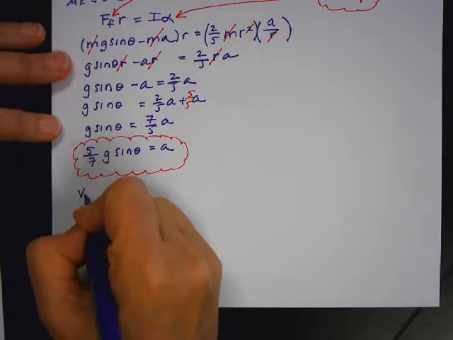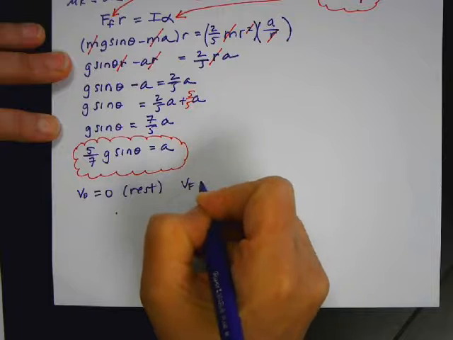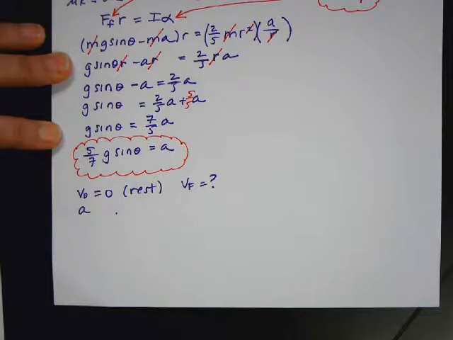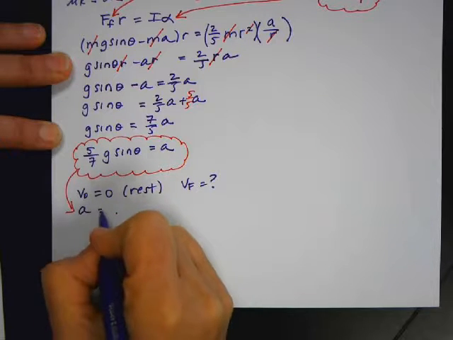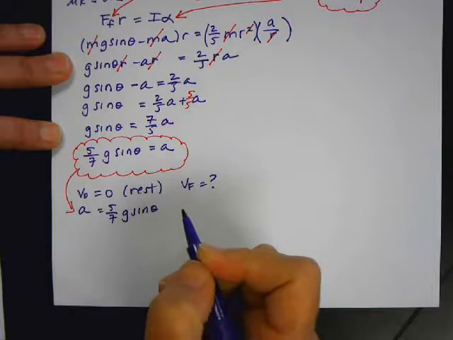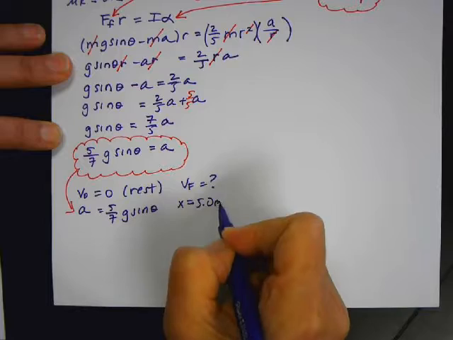So I know V naught is 0 because it starts from rest. I want to find VF. I just found A. Remember, here's A. I know A is equal to 5/7 g sine of theta, and they told me X is equal to 5 meters.